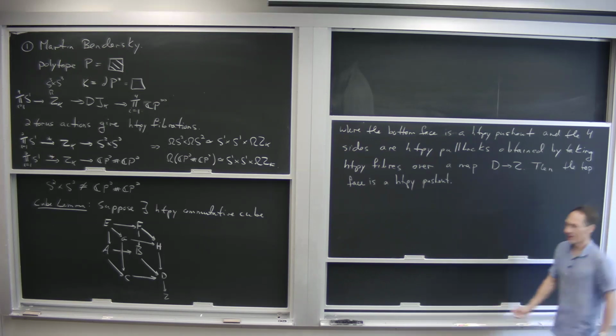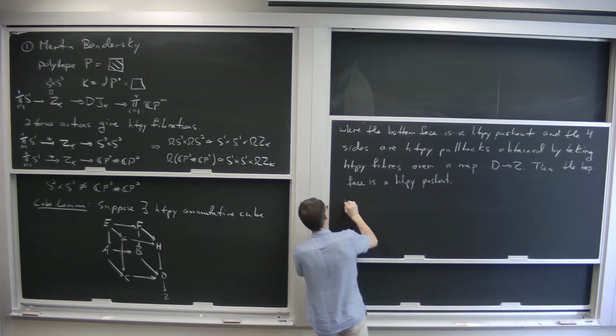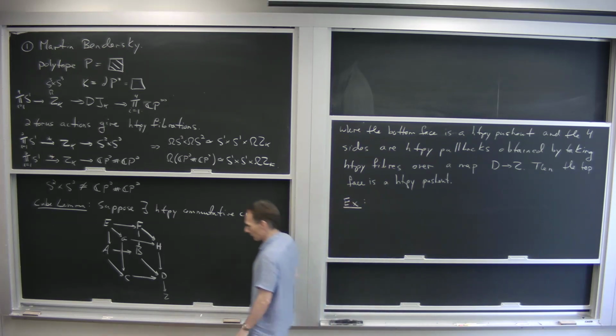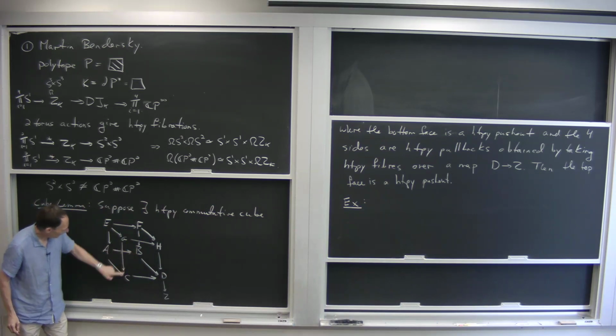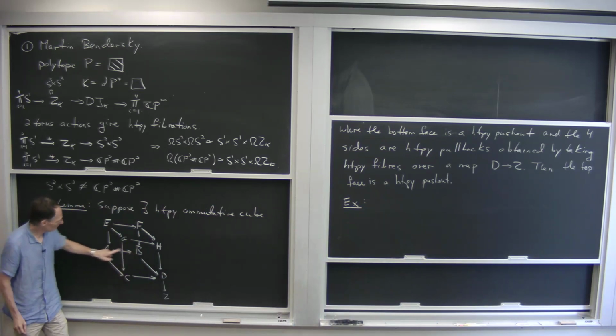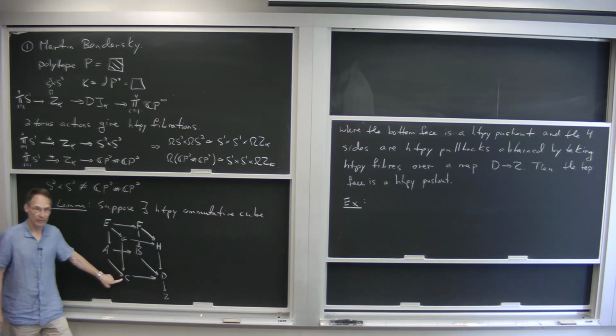So here's an example. Let's do the special case where the maps from A to B and from A to C are the same, and the map from A to B is just duplicated.